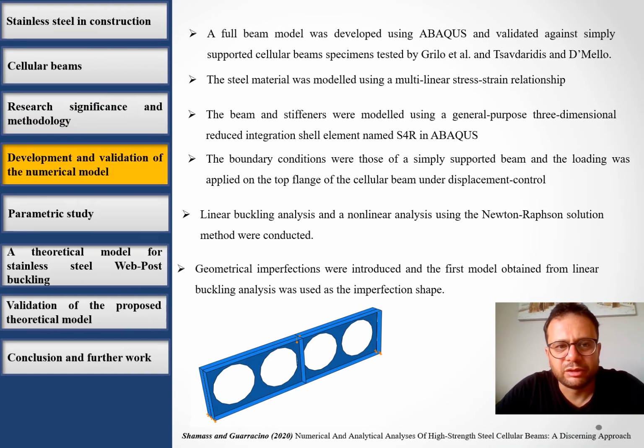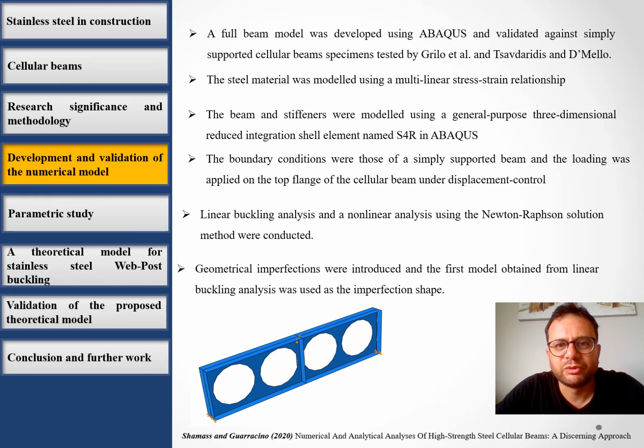The numerical model was developed for the full beam using the finite element software Abaqus, and is validated against simply supported beams available in the literature. These beams were made of carbon steel and subjected to a point load at the top.